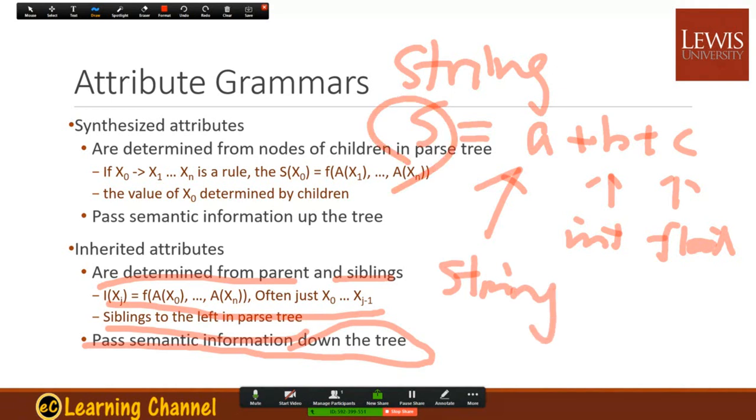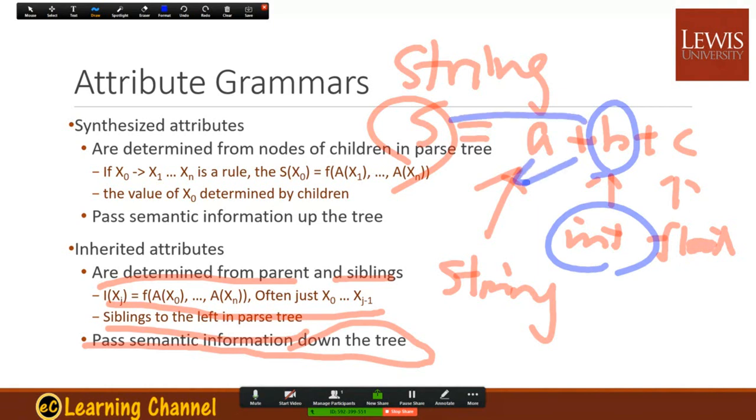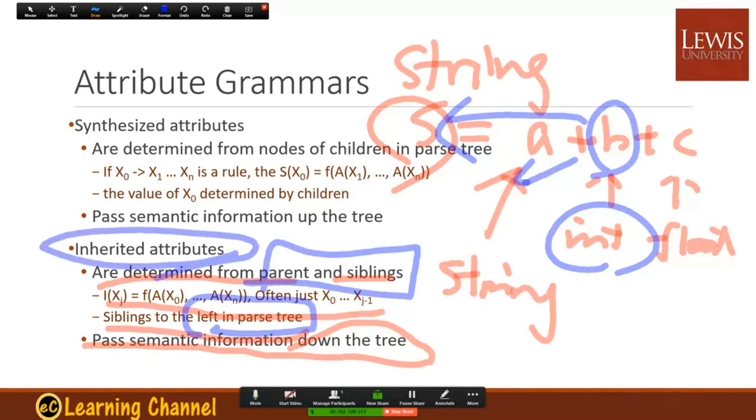So the attribute of a certain guy on the right is integer type, but eventually the attribute will depend on the left hand side, the elder brother and the parents. Elder brother and parents will determine the inherited attribute.